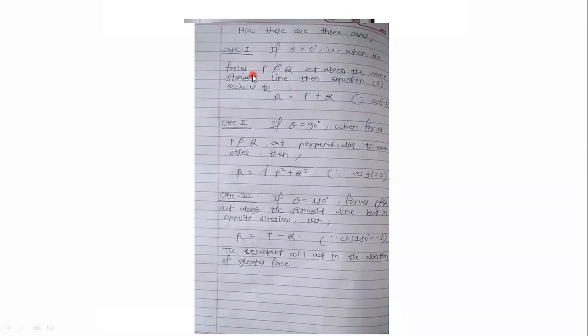So as your two forces are along the same line, their angle will be 0 degree. So therefore cos of 0 will be 1. And in the previous formula, if we put cos of 0 equal to 1, then it becomes P square plus Q square plus 2PQ. Okay, as cos of 0 equal to 1.